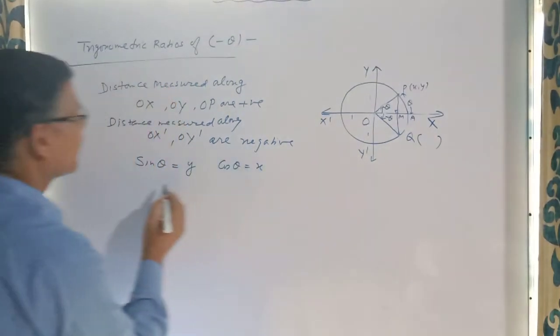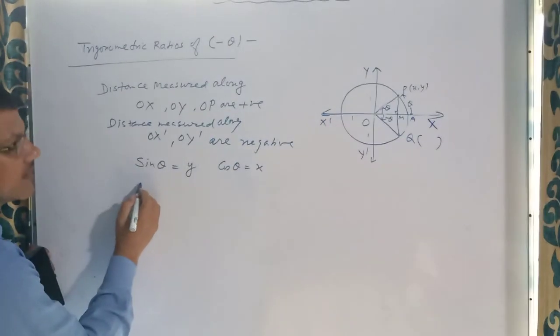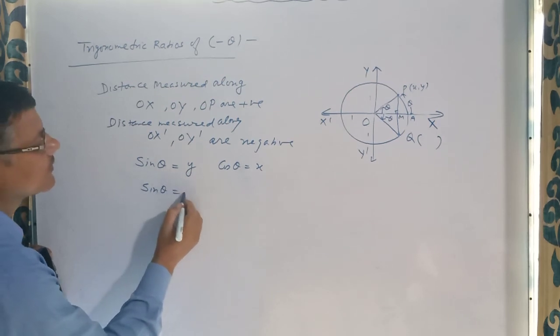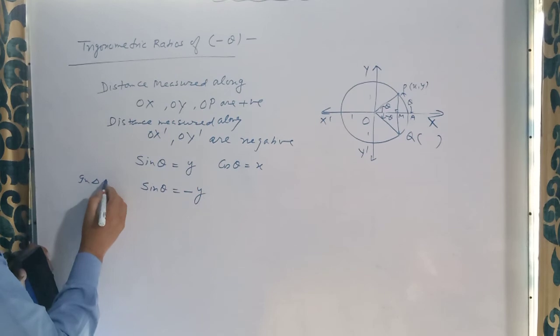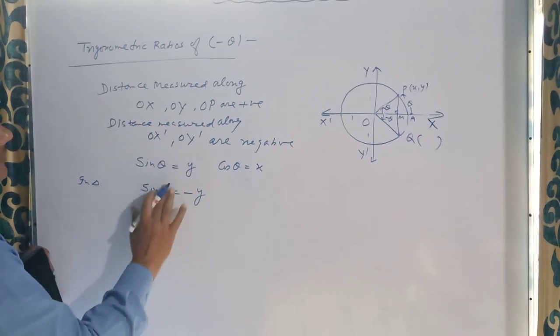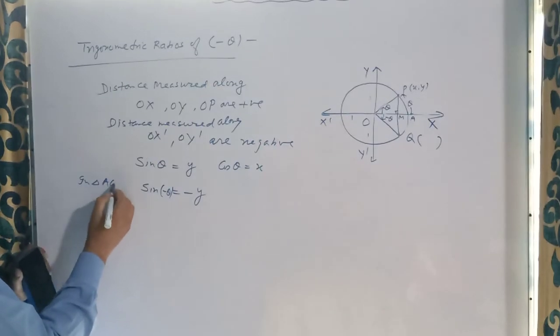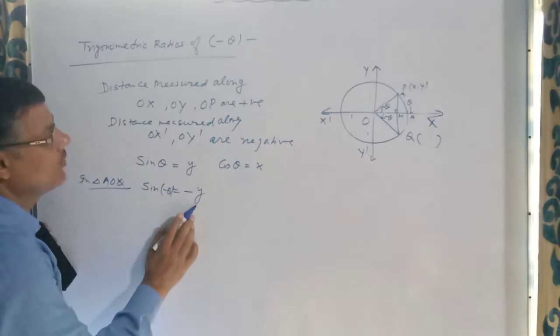Now in triangle AOQ, we get sine of minus theta equal to minus y.